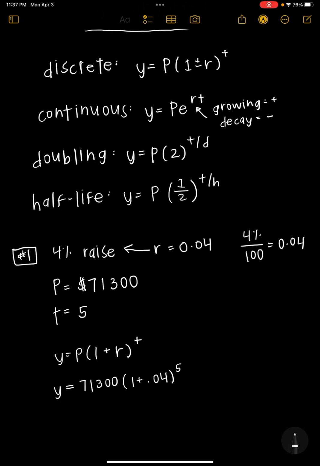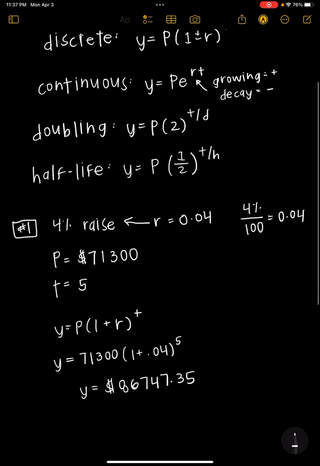And I'm just going to plug that straight into a calculator. 71,300 times 1 plus 0.04 to the power of 5. And I'm going to get that y is equal to $86,747.35.